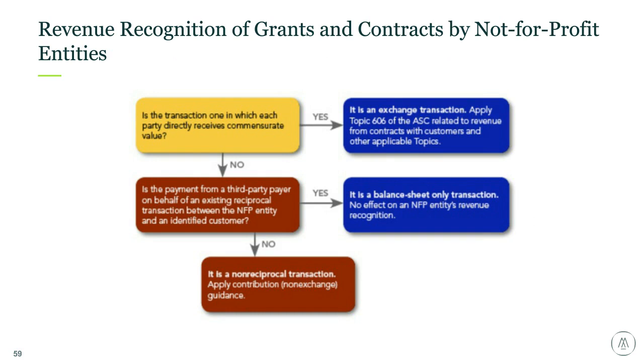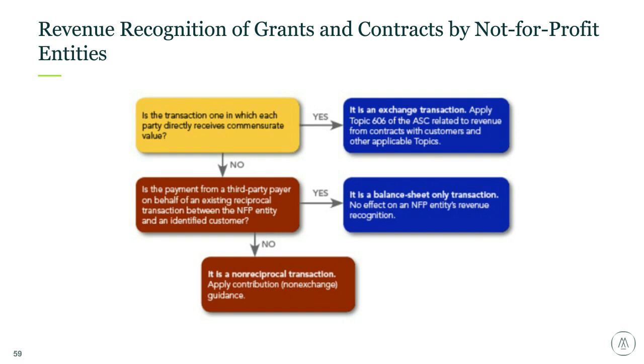This just gives you an overall look at a flow chart. One, looking at whether you have an exchange or non-exchange transaction. Payments for a third party on behalf of an existing reciprocal transaction. As an example, Medicare and Medicaid are great examples where the federal government is providing funds for a third party.